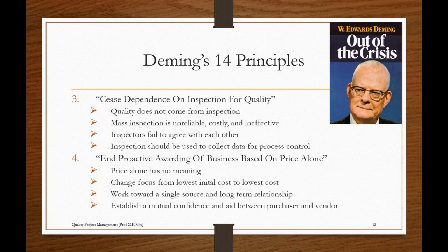Third one, cease dependence on inspection to achieve quality. Inspections are costly and unreliable. They don't improve quality; they merely find a lack of quality. In-process control builds quality from start to finish. It does not just find what went wrong, but eliminates the wrong altogether.